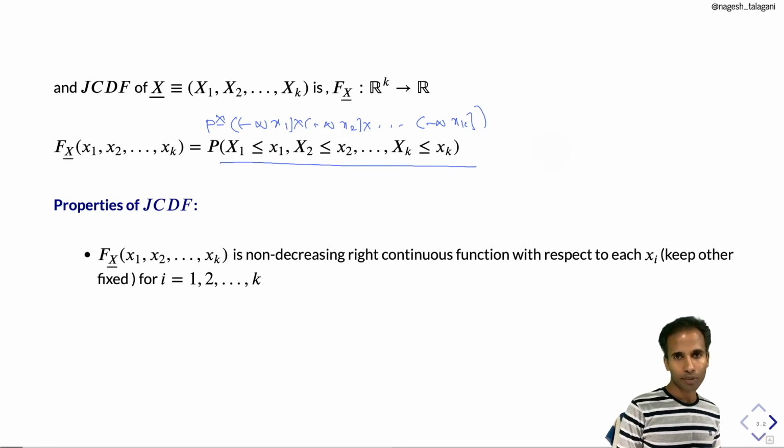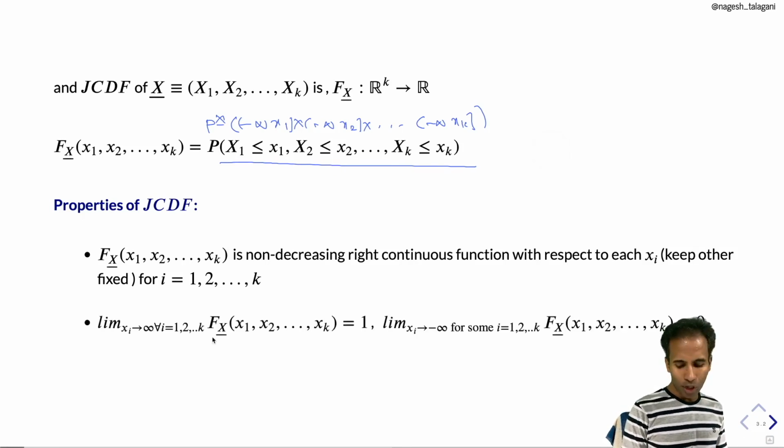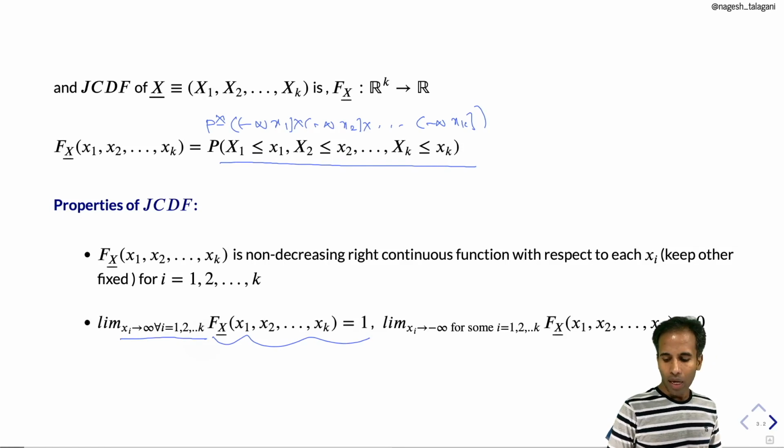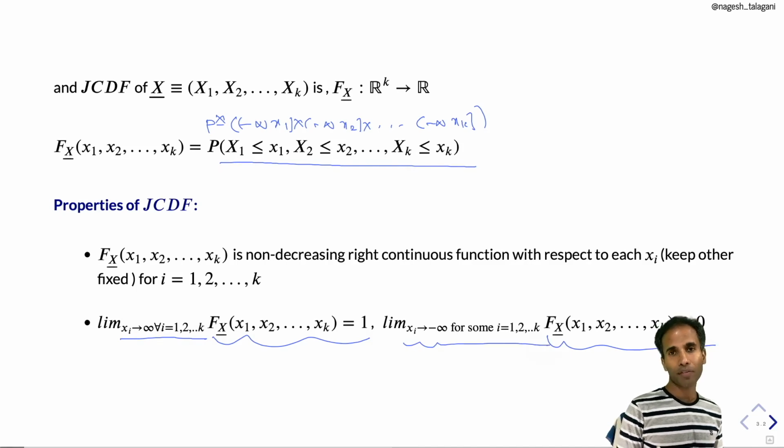And the limit of joint CDF is 1 as you let every xi go to infinity, and the limit of joint CDF is 0 if you let any xi go to minus infinity. These are the properties of joint CDF, and these properties completely characterize the joint CDF of a random vector.